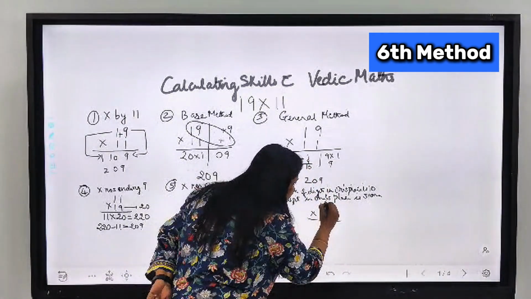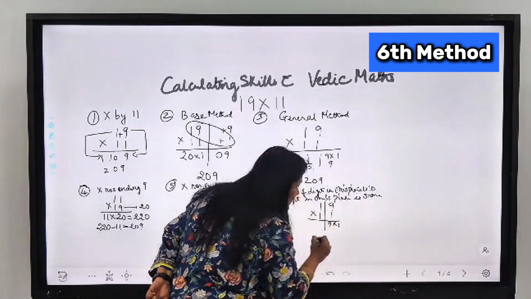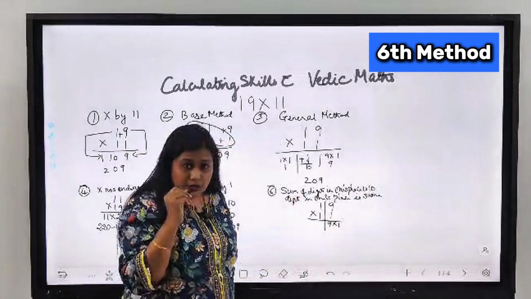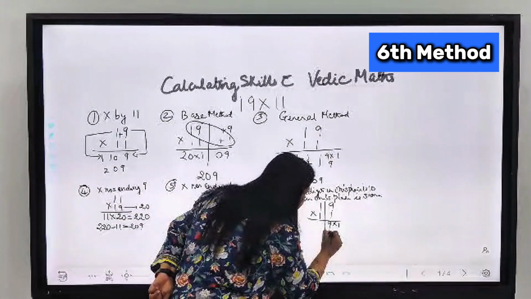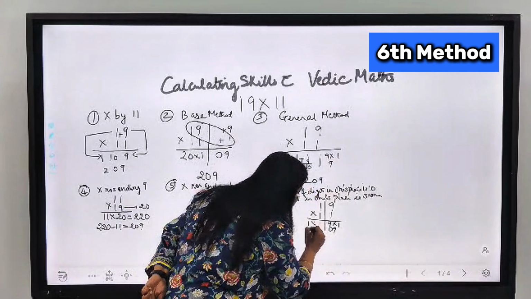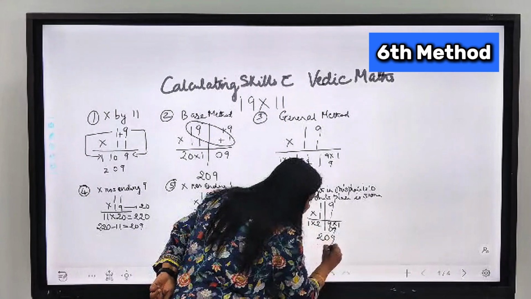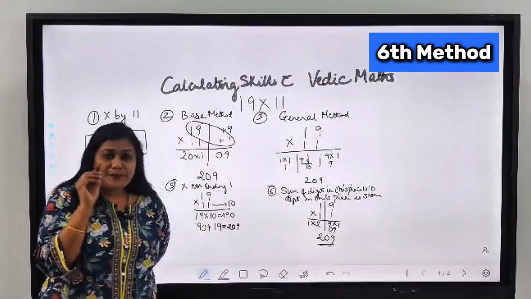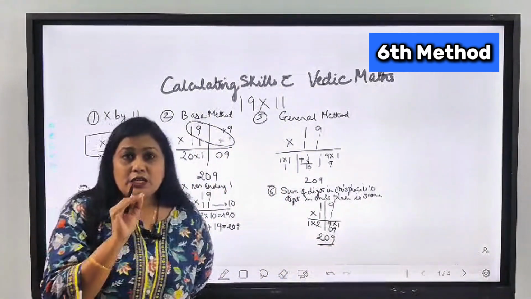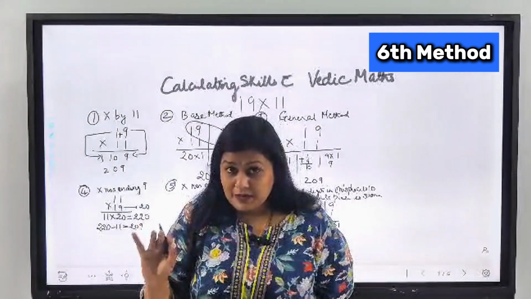So how do I solve this particular sum? I would take the product of the digits in the ones place and prefix it with a 0, and I will take the successor of the digit in the tens place. My answer is 209. So a simple sum 19 into 11 can be solved using 6 different methods.